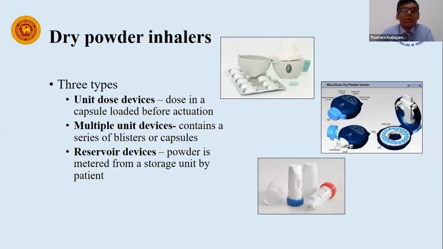That is unit dose devices, mostly the capsule form in government hospitals, where you have to load the capsule before you actuate it. Then you have multiple unit devices like the Diskus, which contains a series of blisters of capsules, which we have to again load before you start the inhalation. And the third one is like the Turbohaler, a reservoir device, where the powder has to be loaded from a storage unit.